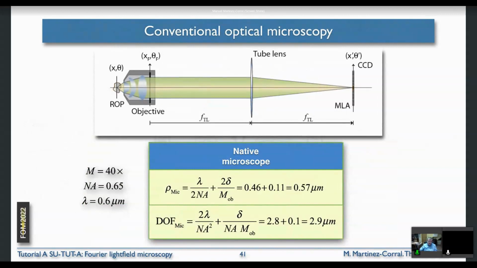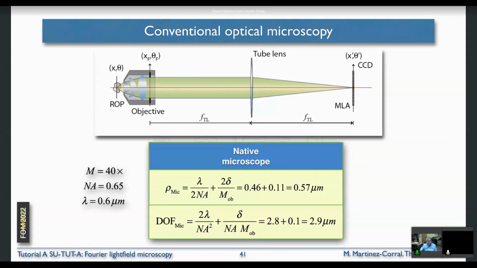For example, let's go further. Let's take this objective, 40x, numerical aperture 0.65, this wavelength, and for the native microscope we make numbers. Of course, we have higher numerical aperture.